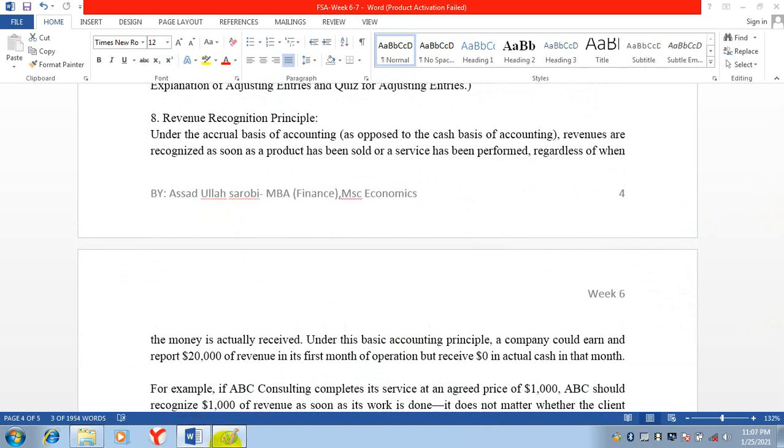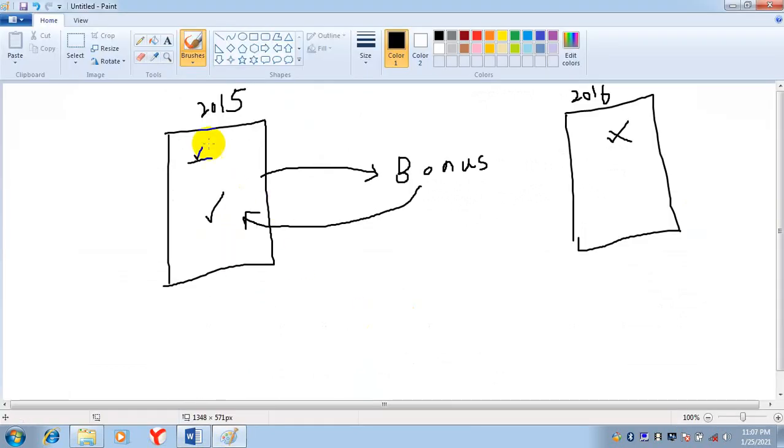Simply, make it simple. Revenues of one year cannot be transferred to the other year. Expenses of one year cannot be transferred to the next year. This is the matching concept.